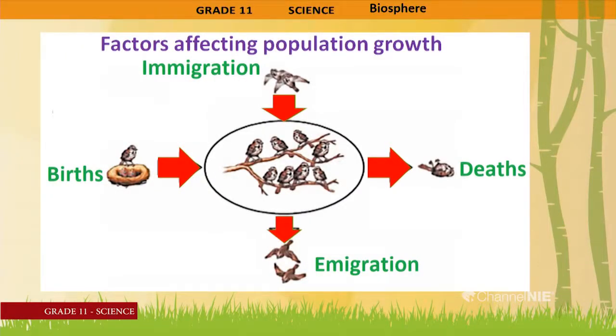You can see births, number of births affect the population growth, that is very obvious, and immigration, because there can be instances where organisms can come to a particular population from another area due to various reasons, maybe due to climate change, maybe due to changes in the seasons, maybe due to some predation.